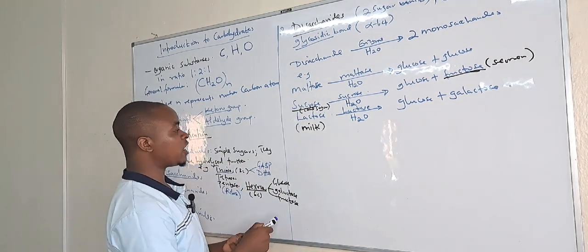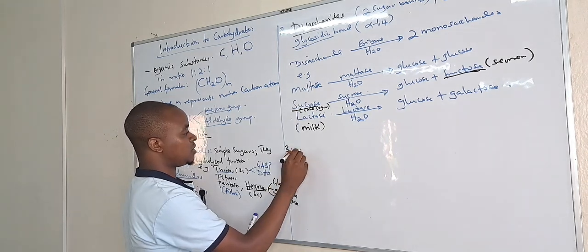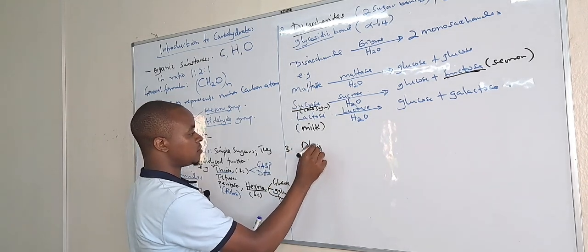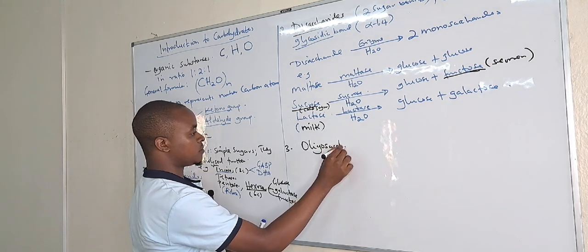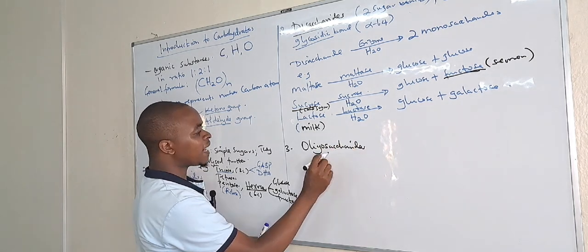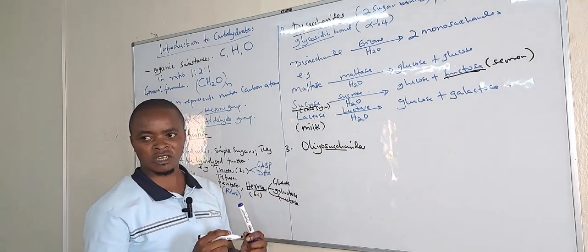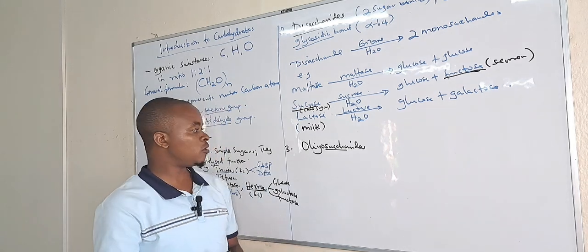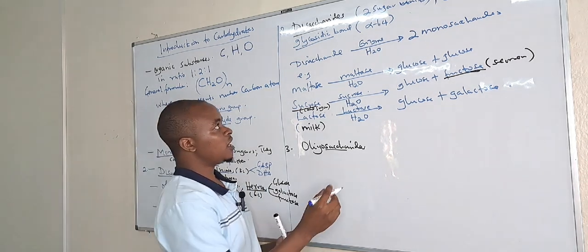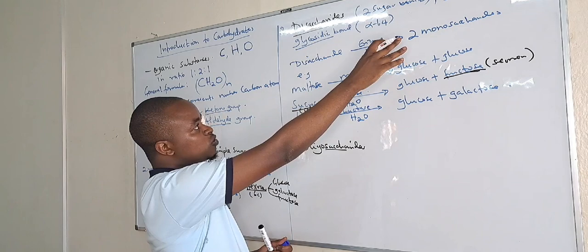Then classification number 3 is the oligosaccharides. Saccharide is a Greek word that means sugar, isn't it? So disaccharides, as we have seen, have two sugar units.